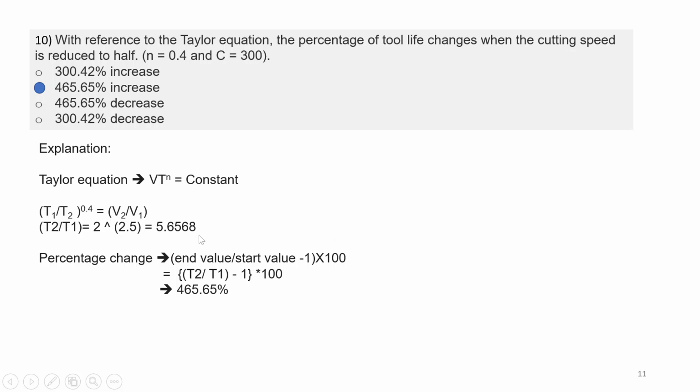So here T2 upon T1 minus 1: 5.65 minus 1 is 4.65. Then multiply it by 100, so it will be 465.65%, and we already explained why it is an increase. So the correct answer is 465.65% increase.